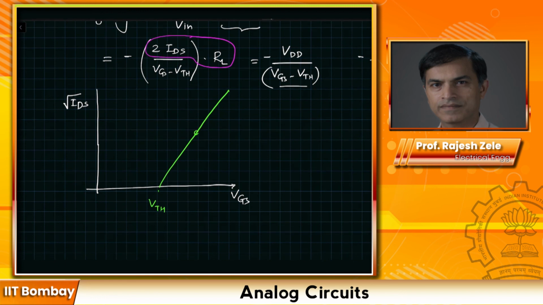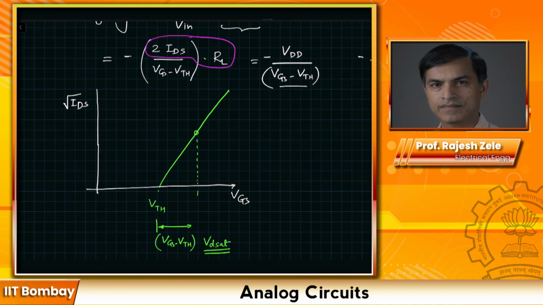Let's say this was the point at which you are operating, then this would be your VGS, and VGS minus VTH is this distance, and we also call that VDSAT of the transistor, the saturation voltage of the transistor. So we have control over VGS minus VTH of the device by changing the DC biasing at the gate input of the transistor.